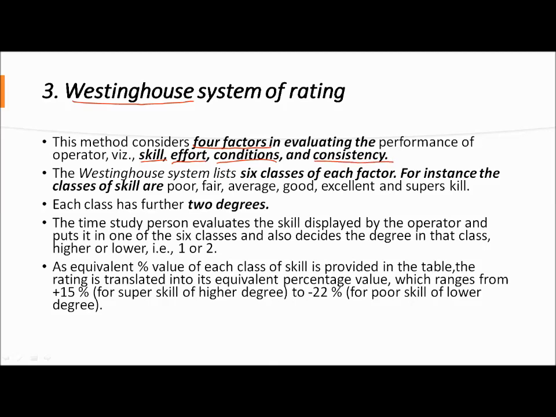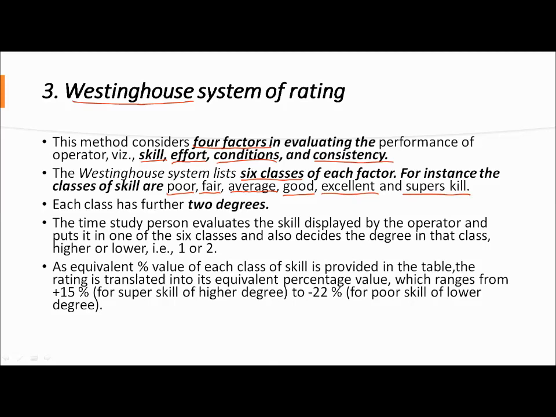So these are the 4 factors which are involved when you consider Westinghouse system of rating. So these 4 factors can again be subdivided into 6 classes. For example, the skill can be poor skill, fair skill, average skill, good skill, excellent skill, and super skill.